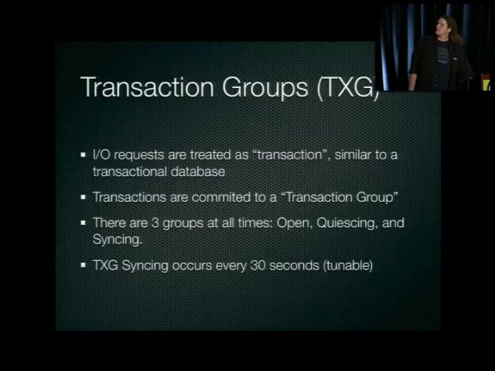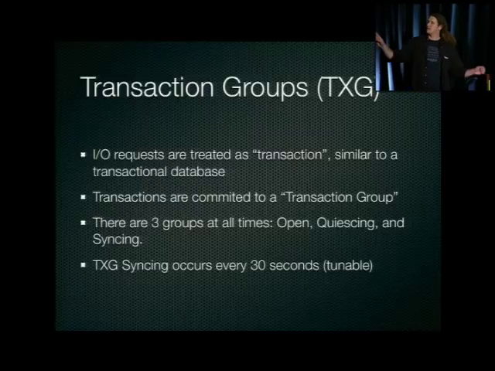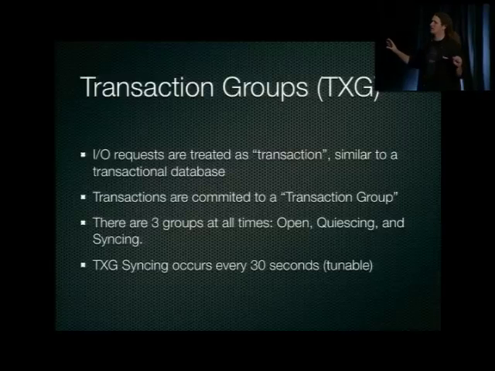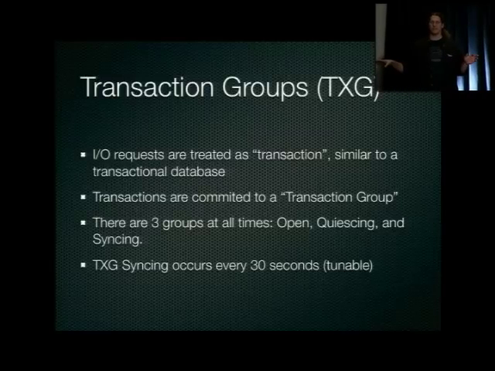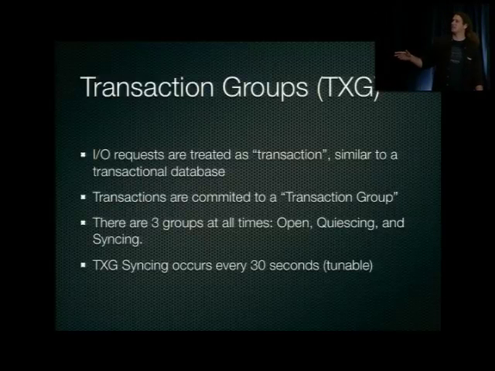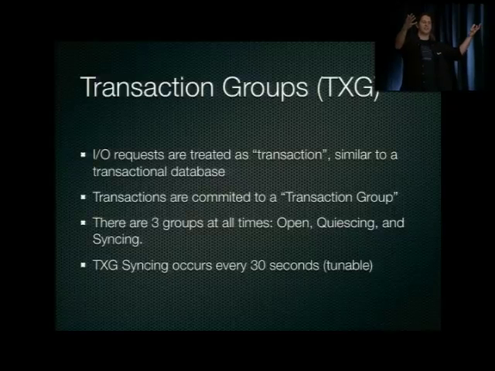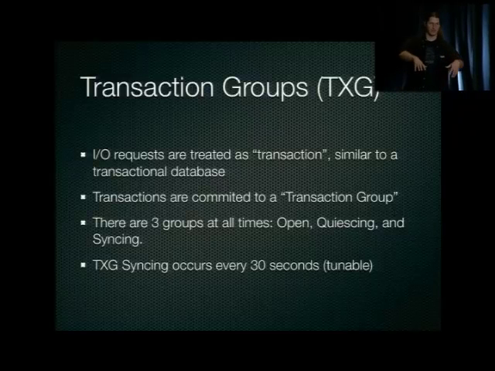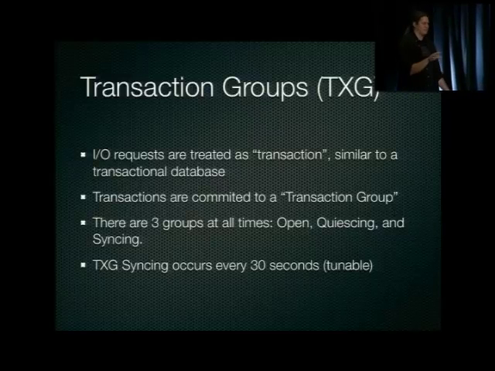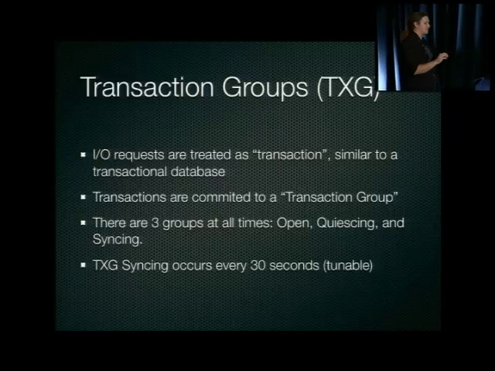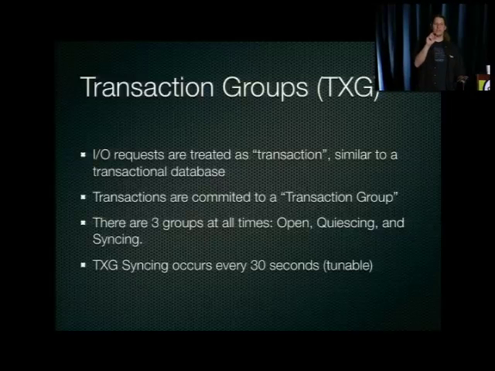Transaction groups are an advanced concept that I don't have time to get into here, but like I said, ZFS has more in common with your SQL transactional database than it does with a file system. So everything's queued up into a transaction and eventually moved down to disk. If you look at IOStat, you'll see things look kind of bursty.